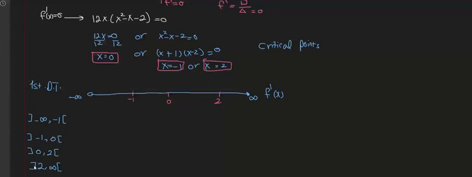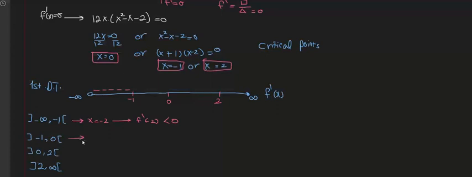Let's pick a point in the first interval, we might call it -2. So if x is equal to -2, what's the f dash of -2? We might go to this f dash that we computed, and we will get the sign. So it's going to be negative. So we will indicate this as negative on the number line.